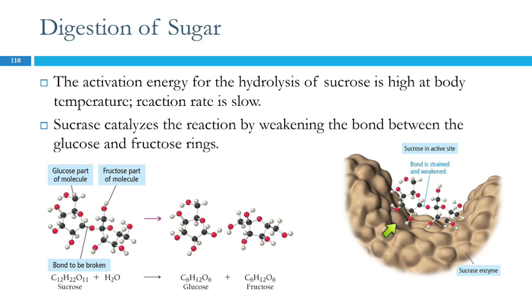So the enzyme, sucrase, and it's not a coincidence that the enzyme name is like the sugar, the substrate. If it ends in ASE, that's the enzyme, and sucrose is what it works on. So when this binds in here, it binds in such a way that it kind of stresses that bond. And because it's stressed, it's weaker, and it breaks easier. Any questions?